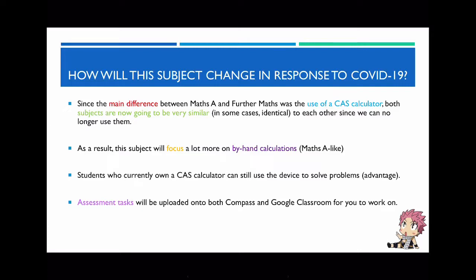I can't really monitor this and prevent it from happening since this is all done online. But anyhow, let's quickly move on to the actual revision components of the lesson.